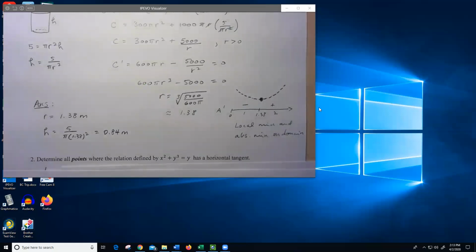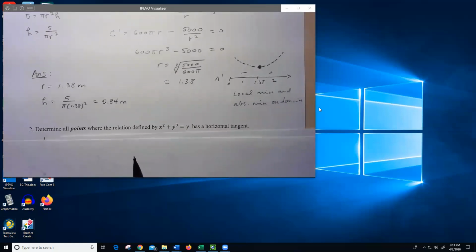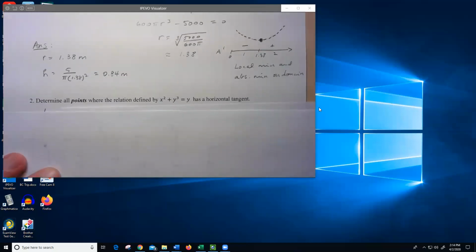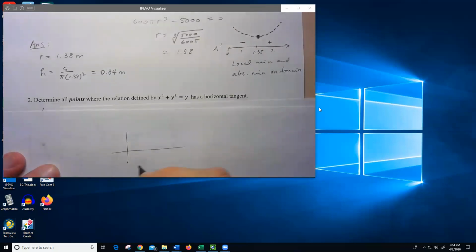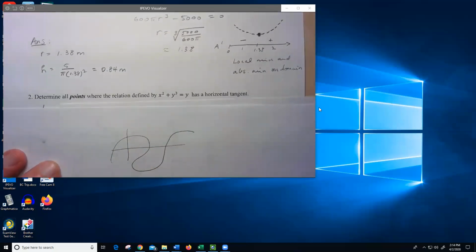Okay, great. So here, we're looking to see where this relation has a horizontal tangent, but you have to think that even if you have a relation instead of a function, you're still looking for a horizontal tangent, which still means that the slope of this line is equal to 0. And the slope of the line still represents what it always represents: how the y's change with respect to x.